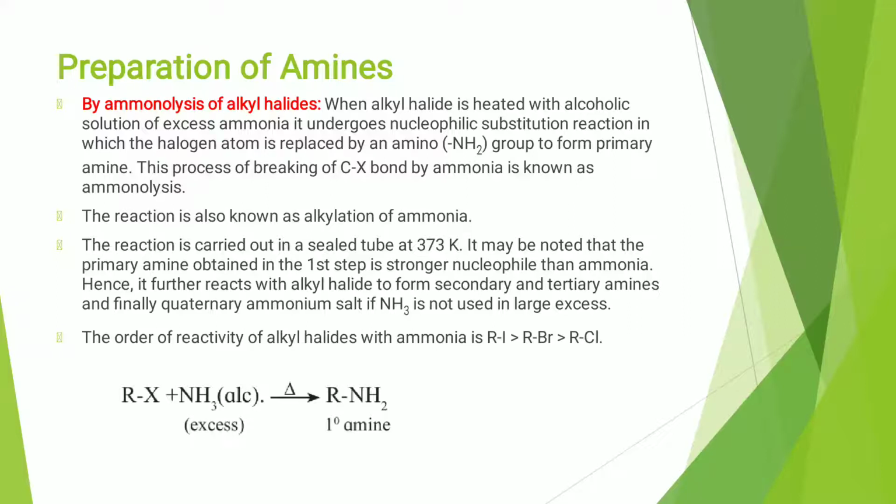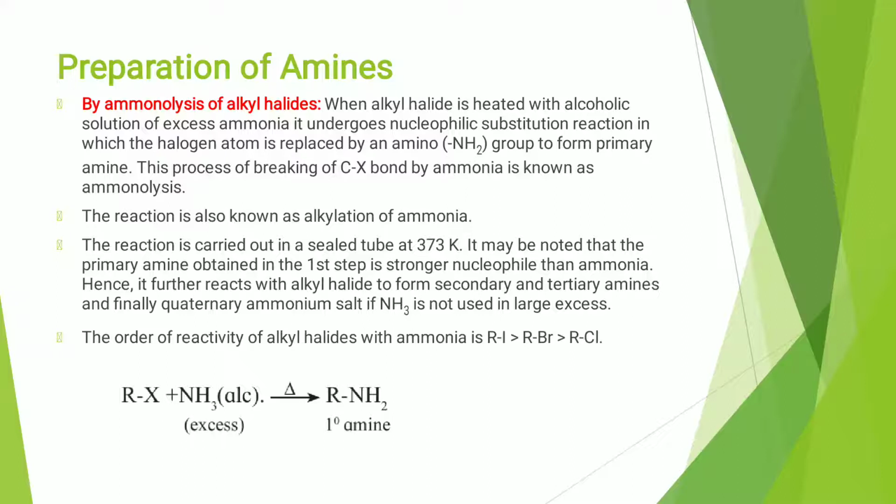It should be noted that primary amine which is obtained in the first step is a stronger nucleophile than ammonia. Hence, it further reacts with alkyl halide to form secondary and tertiary amines, and finally quaternary ammonium salt, if ammonia is not used in large excess.